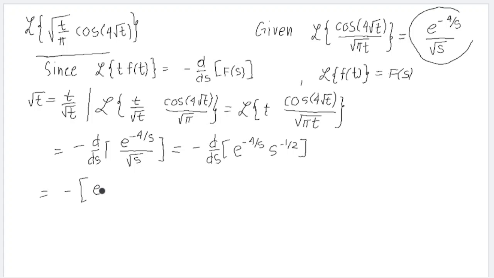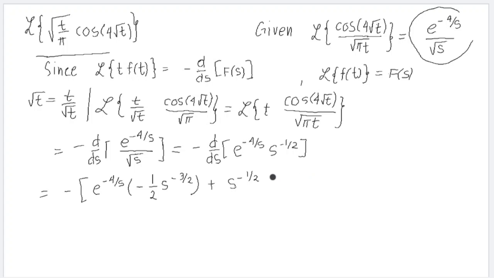By product rule, e to the negative 4 over s times the derivative of s to the negative 1/2, which is negative 1/2 s to the negative 3/2, because negative 1/2 minus 1 is just negative 3/2, plus copy this s to the negative 1/2 times the derivative of this term.